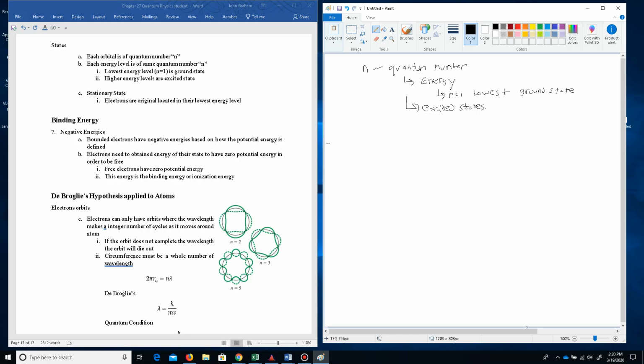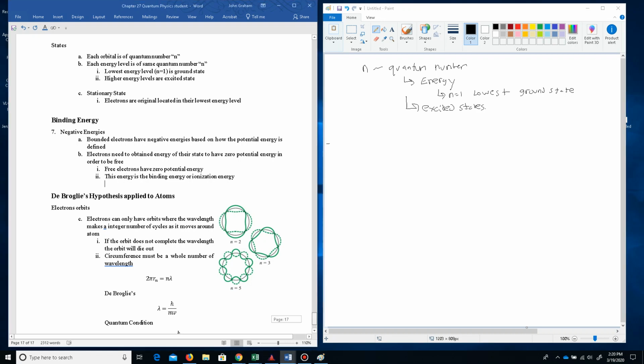Now we have what's called binding energies. And the idea behind this is that these bounded electrons have some negative energy based on how the potential is defined. And so it kind of goes back to this, let me go up.